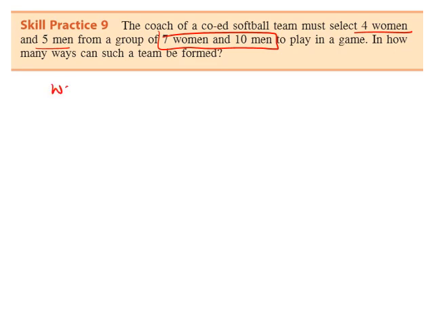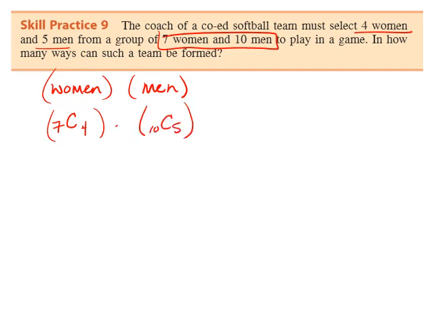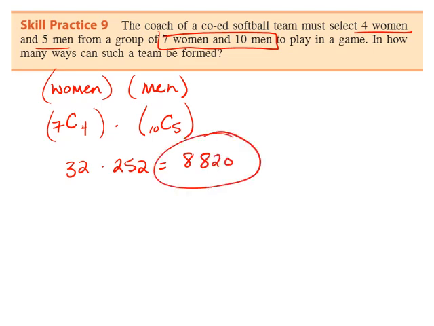So we're going to have 2 different combinations. 7 choose 4, because the order doesn't matter, times 10 choose 5. Again, the order doesn't matter. 32 times 252 gives us 8,820 different ways in which that coach can create his team.